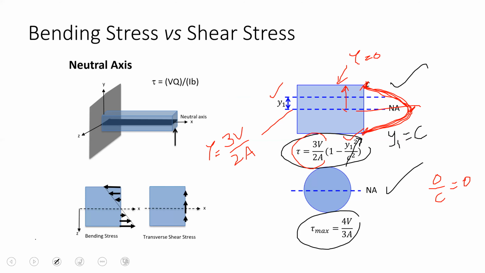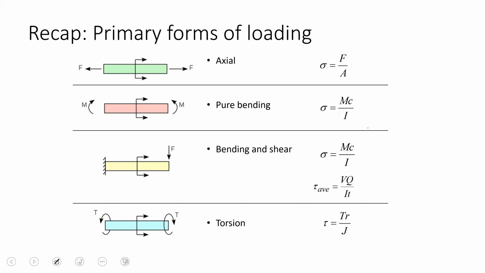Now, here we are going to comprehend our 4, 5 chapters which you have seen. Axial: sigma is F over A, even tau is F over A or P over A, whatsoever that is. The F is the load or the P is the load, right? For bending, sigma is equal to Mc over I. In pure bending, there will be sigma. Bending and shear, right?